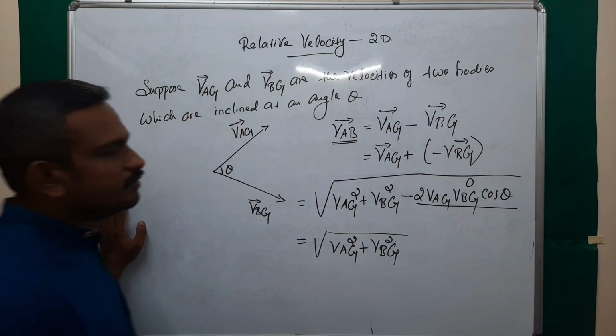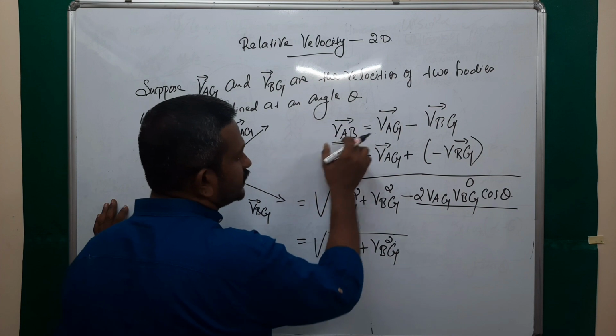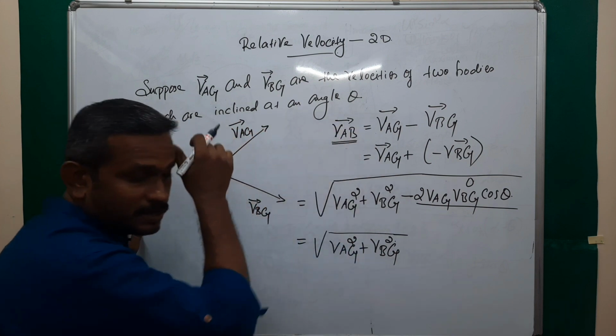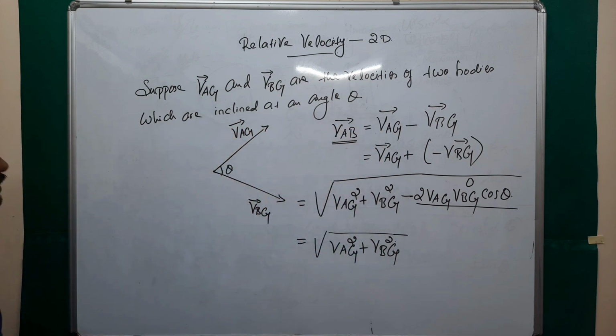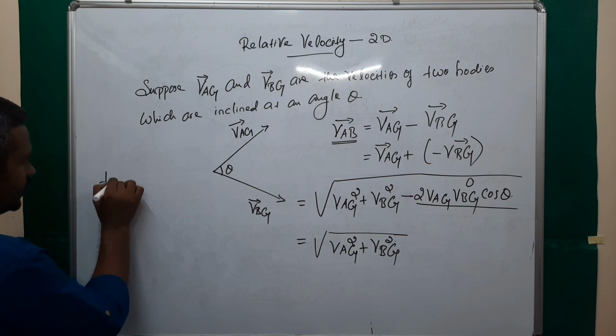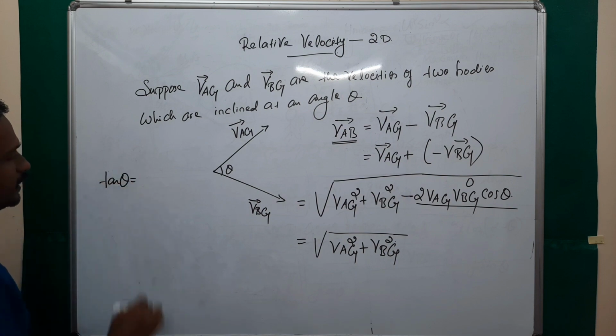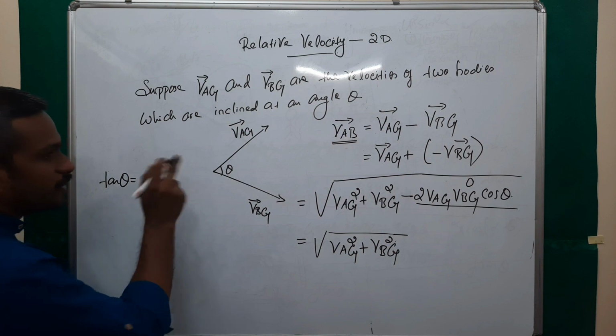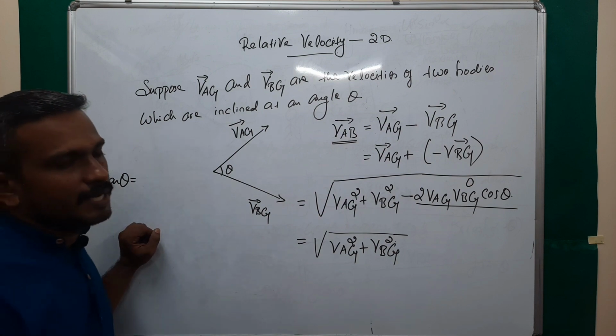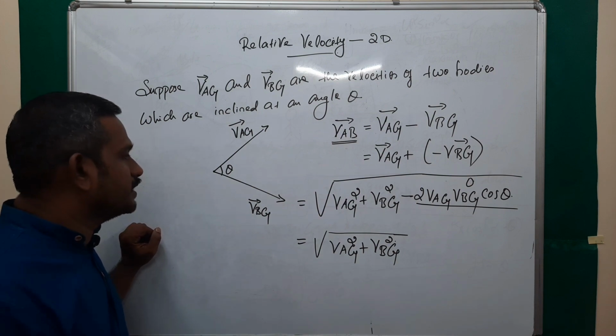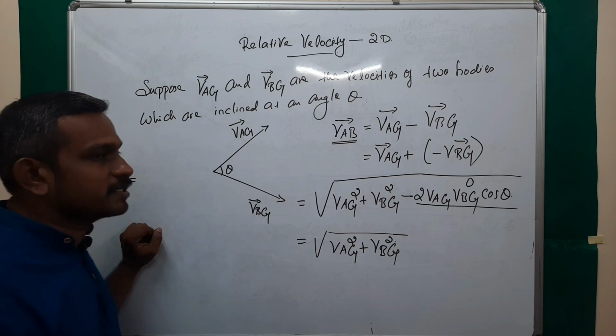So what is the direction of the resultant vector? The resultant vector means the velocity of A with respect to B. The direction can be found using the formula tan theta is equal to B sin theta divided by A plus B cos theta.